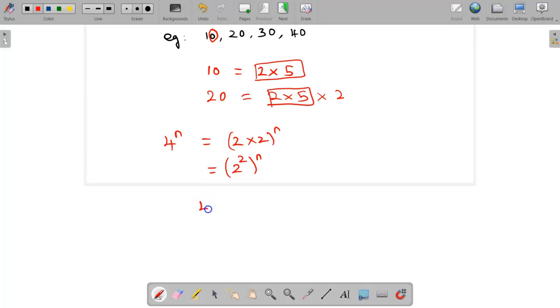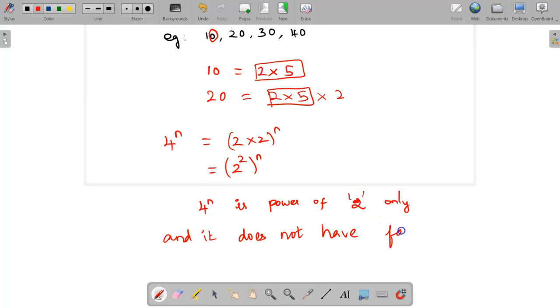So 4 power n is a power of 2 only, and it does not have factor 5.